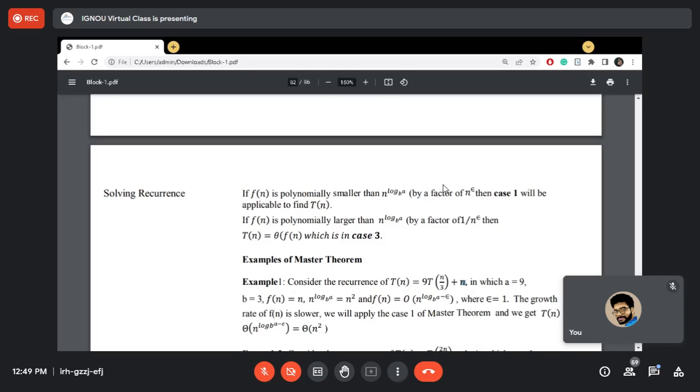Now we know a = 9, b = 3, F(n) = n. Now we have to calculate n to the power log base b of a. The b value is 3 and the a value is 9. So what is the value of log base 3 of 9? It is 2, since 3 raised to 2 is 9.